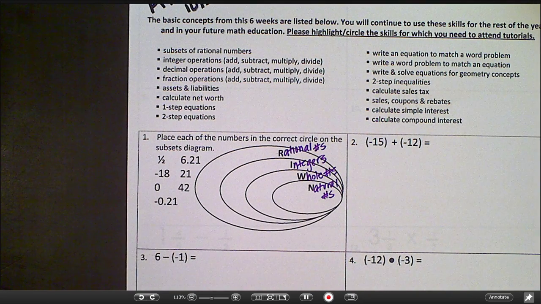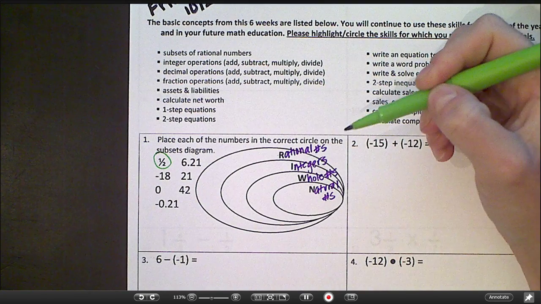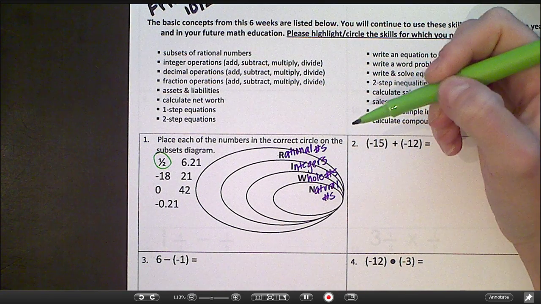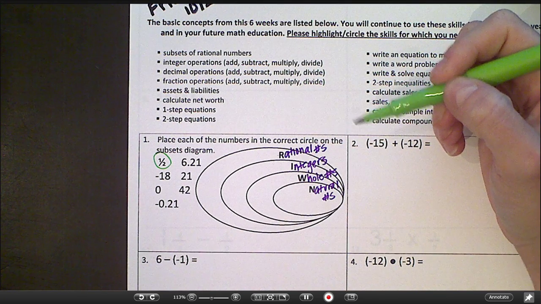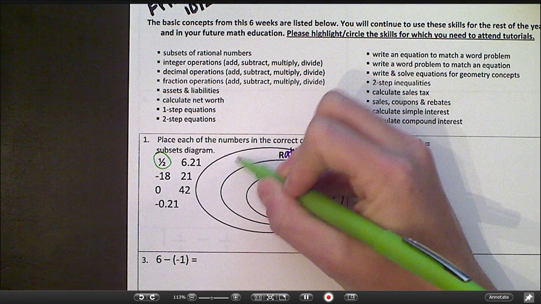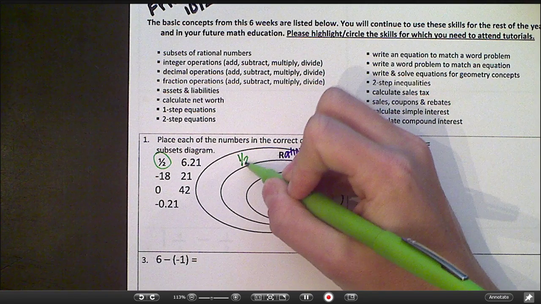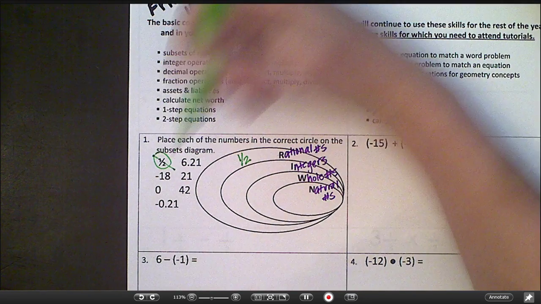So let's just start taking these. We're going to take this 1/2, and because that is a partial, it's not a whole number, this is half of a number, this is going to go in rational. Okay, rational numbers there. So that one's done.